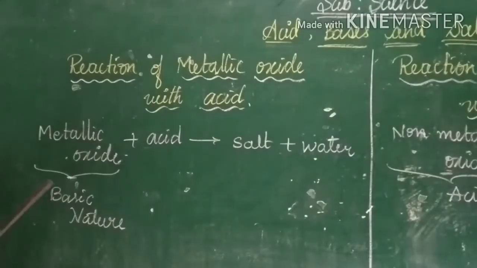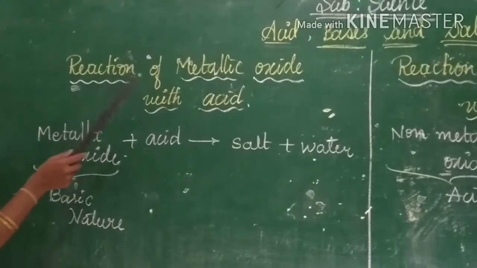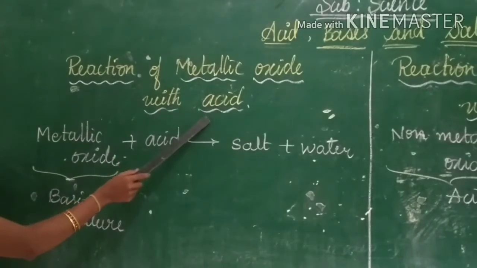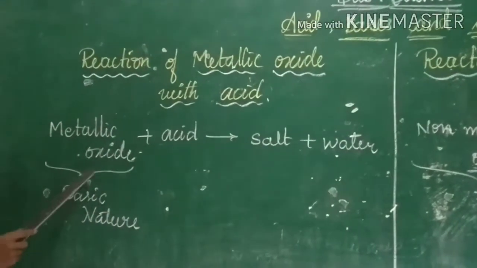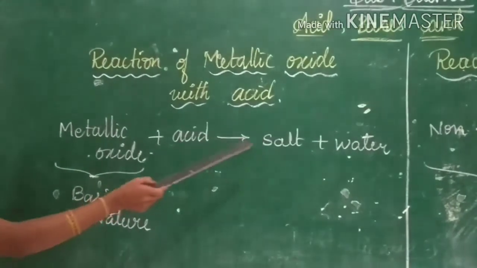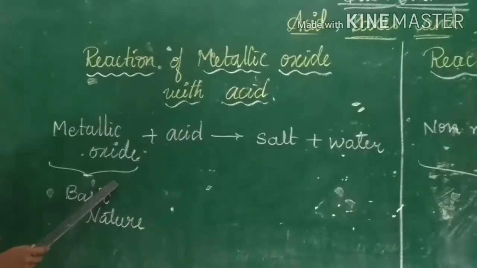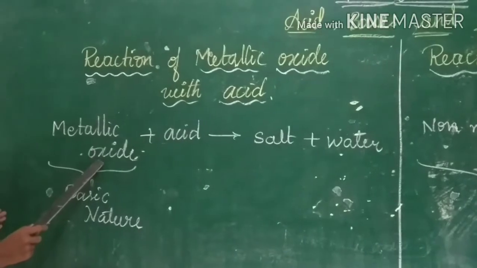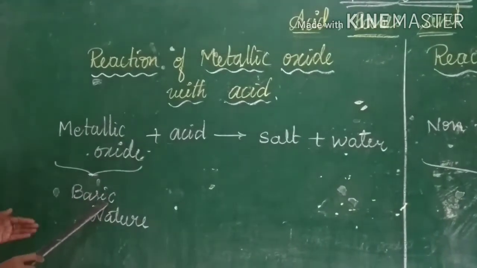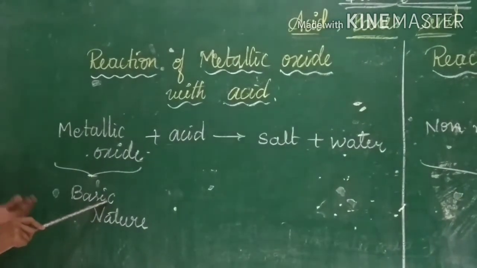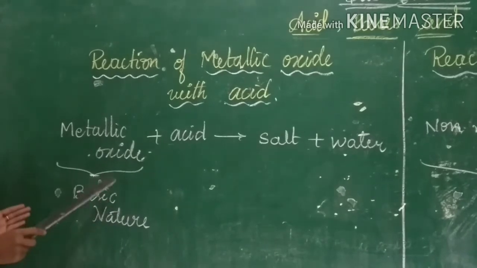Okay children, now come to the reaction of metallic oxide with acid. Metallic oxide reacts with acid to produce salt and water. Look at children here, the metallic oxide acts as a base. You already learned about the neutralization process.